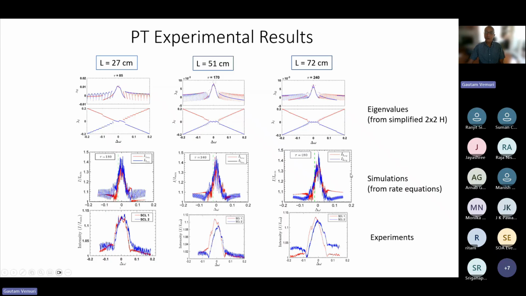This row is the numerical simulation of the entire set of 4 laser rate equations. It's a little bit hard to see, but I don't know if you can see this light green vertical dashed line here. I hope you can. That marks the exceptional point.